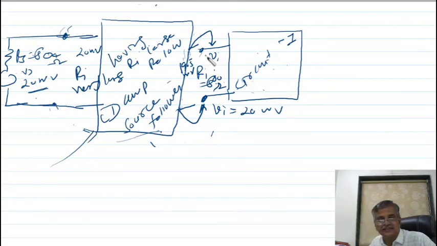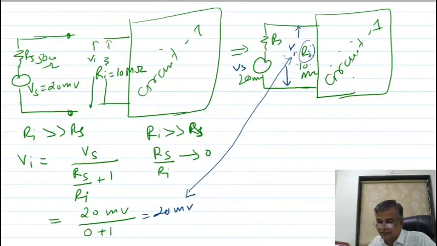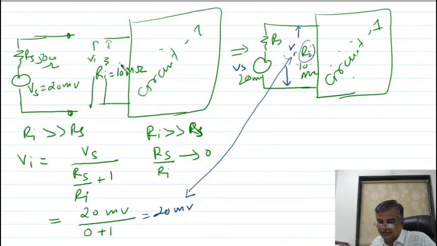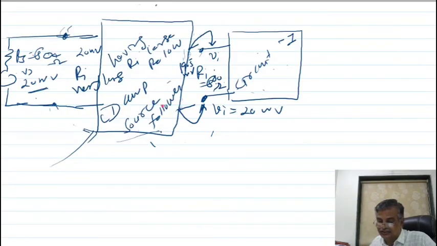In the previous case, you have seen that here the voltage is reduced. Instead of 20 it becomes 10. Now we have seen that if this input impedance is very large, you will get the 20 itself here. But the circuit does not have a very large input impedance. So what do I have to do? I have to use another circuit.